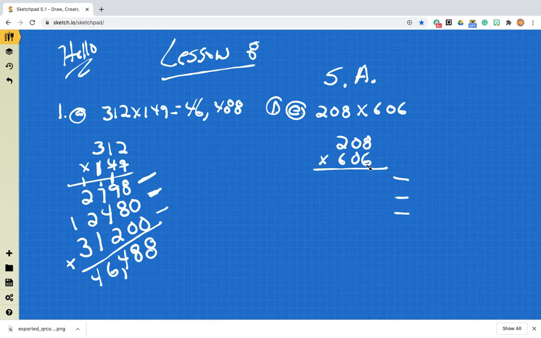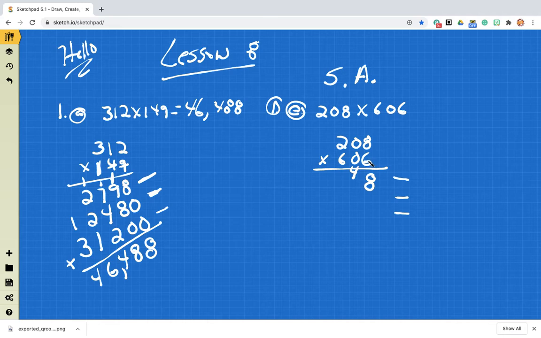The first one is going to be the product of 6 and 208. So 6 times 8 is 48, right? And they're both ones, so 6 ones times 8 ones is 48 ones. I'm going to put 8 in the ones place, but the 4 winds up getting written up here because it's actually going to sit in the tens place, isn't it?